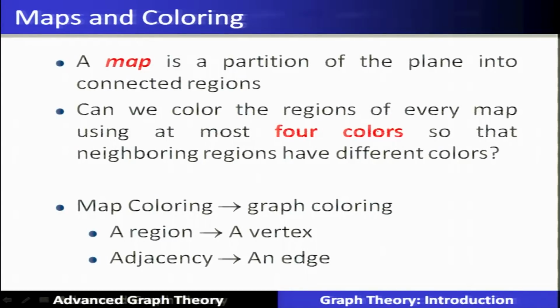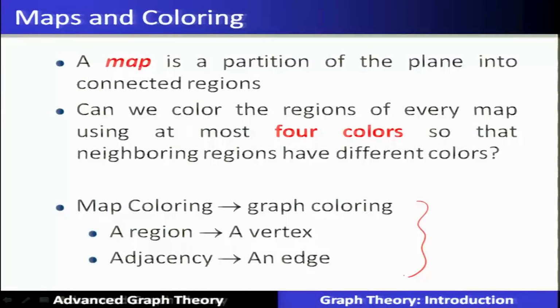The coloring of a map is nothing but coloring the regions in this particular map using at most 4 colors, so that no neighboring regions receive the same color. Any two neighboring regions are going to receive different colors. This map coloring problem can be represented as a graph coloring problem in the following manner.